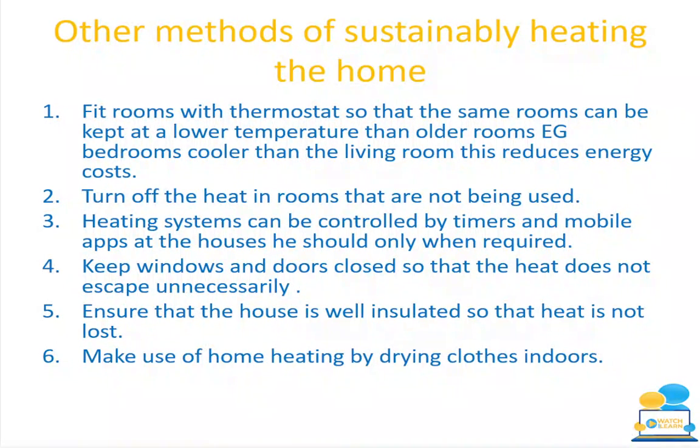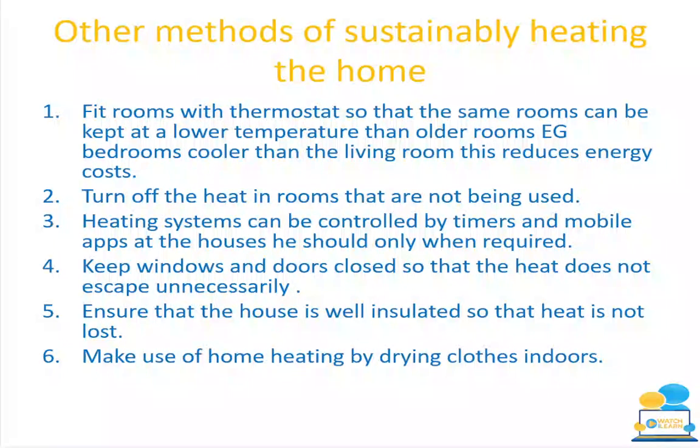Heating systems, you can actually control them by your phone. So you could be on your way home from the shops, and you want to turn it on, so you can turn it on so that it's not on constantly but only on from when you actually require it. And when the heating's on, you should obviously keep your windows and doors closed, okay, because otherwise the heat is going to escape. You should make sure that your house is well insulated.